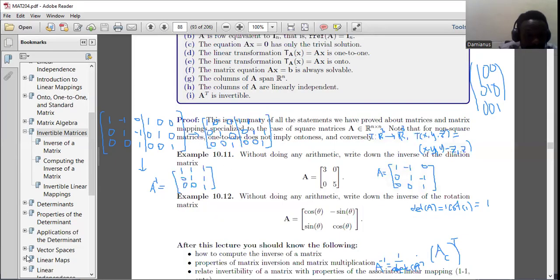So here I can just say very quickly. Now what have I done? So T inverse, I will now take R3. Remember, we were mapping R3 to R3.